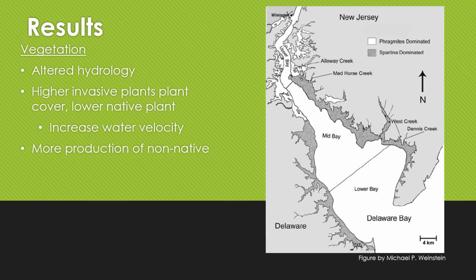And also, when Phragmites displaces smooth cordgrass, the Phragmites grows less dense, and so water velocity actually increases, and there would be a decrease in habitat complexity as well.